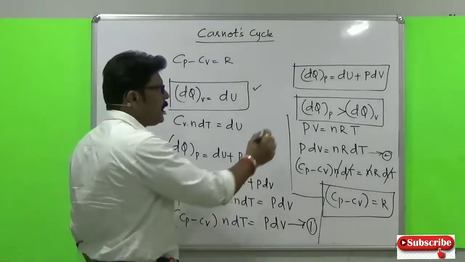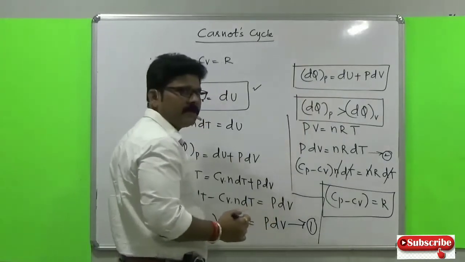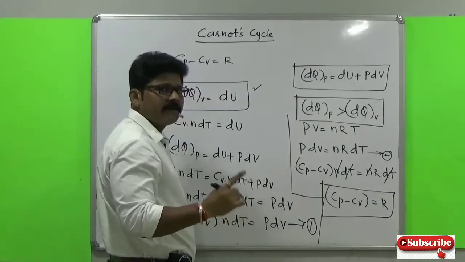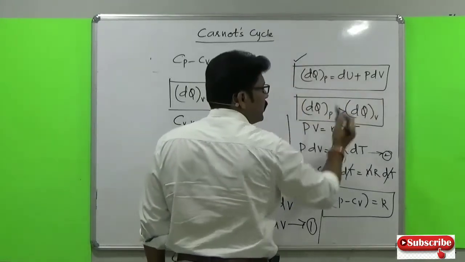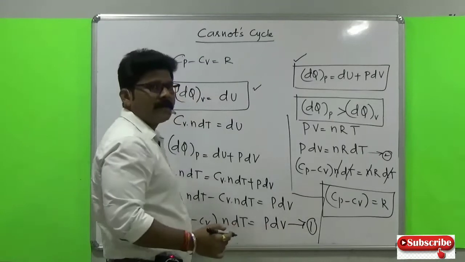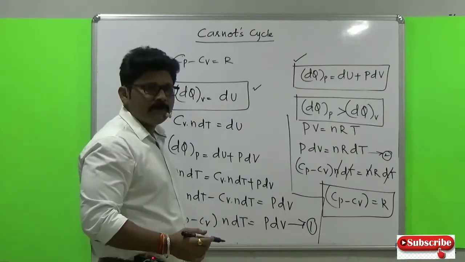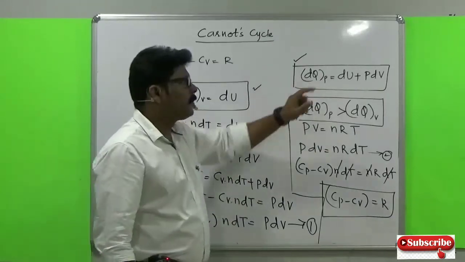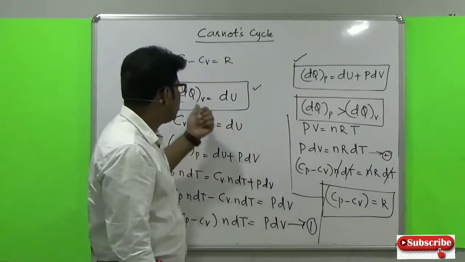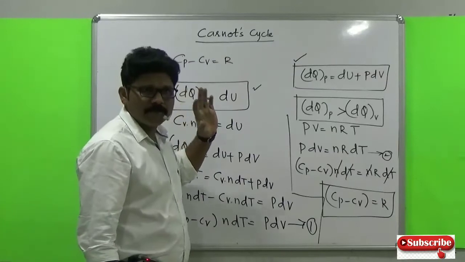When you are supplying heat at constant pressure, it is utilized in how many ways? 2 ways. That is to increase the internal energy and to do the external work. So if you take theoretically, it is greater. So dq at constant pressure is greater than dq at constant volume.